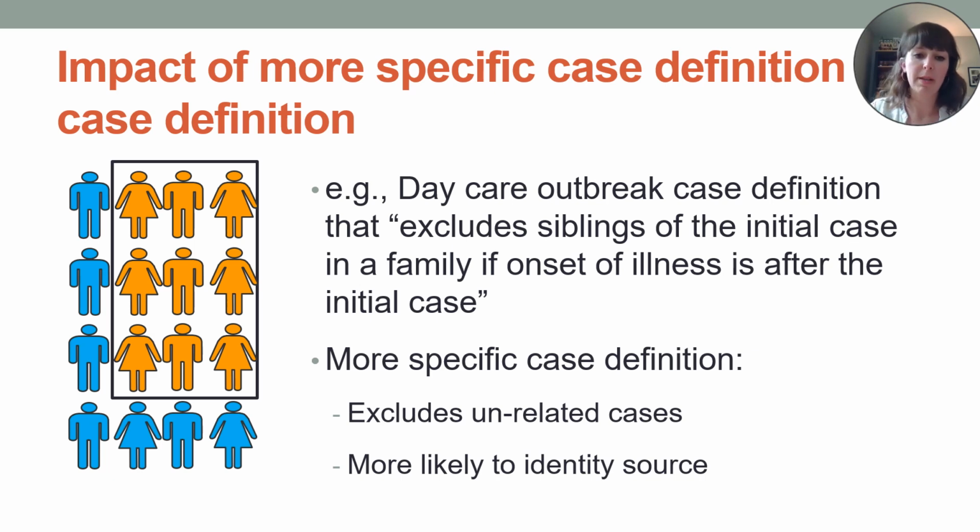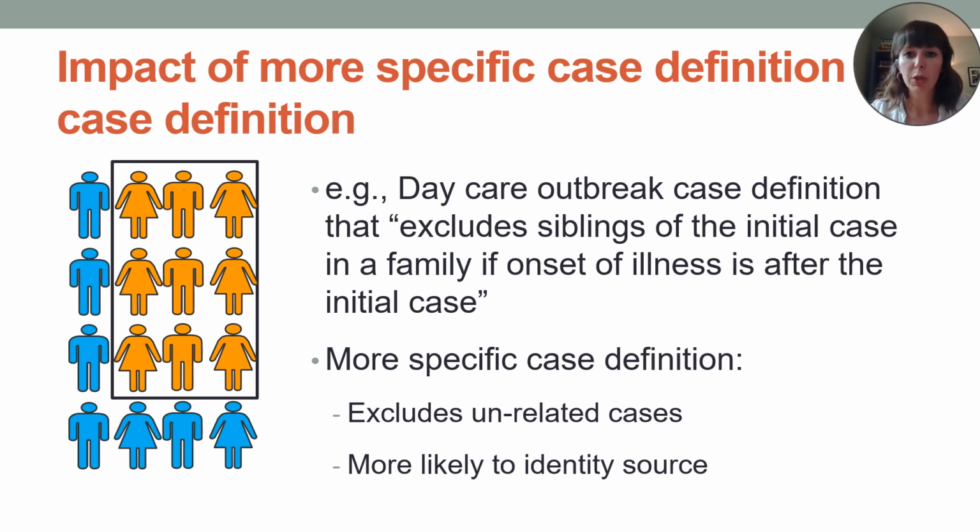So one way to think about this is an example where there was an outbreak at a daycare, but in our case definition, we excluded siblings of the initial cases in a family if the onset of illness is after the initial case. So this more specific case definition is excluding unrelated cases, letting us be more likely to identify the source. We think maybe there was a food that was consumed at the daycare that got kiddos sick.